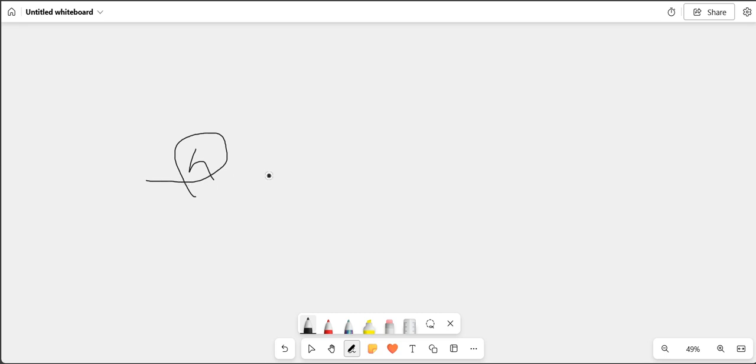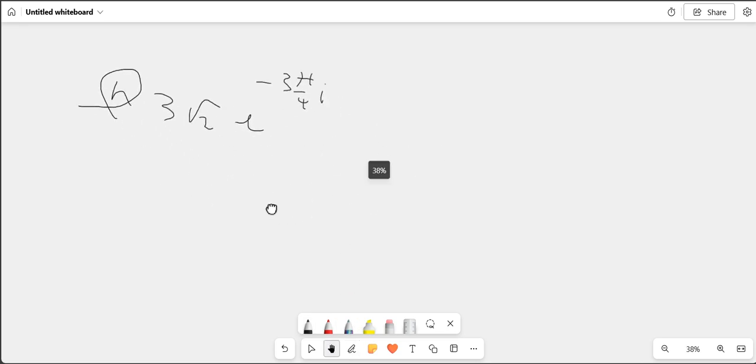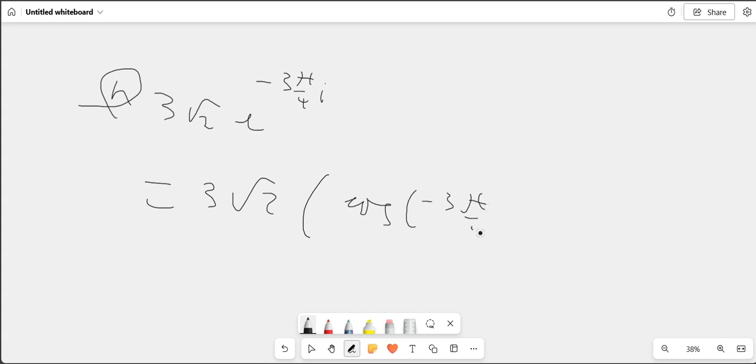H. 3√2 e^(-3πi/4), yeah? Now, that's going to be 3√2 open bracket cos -3π/4 plus i sin -3π/4.